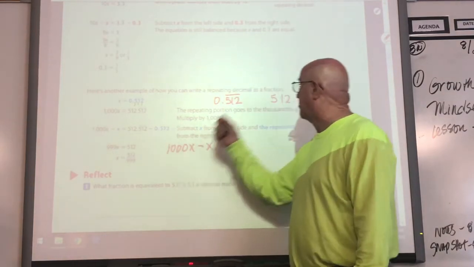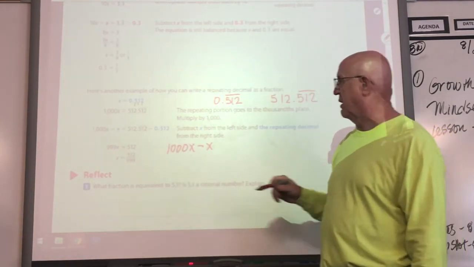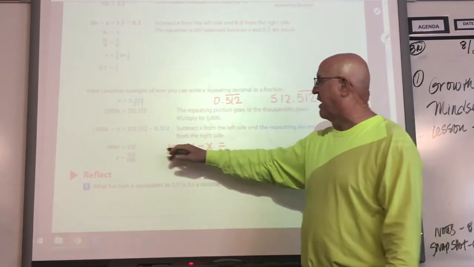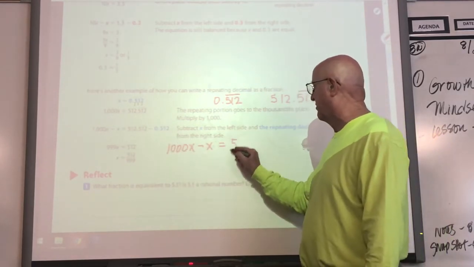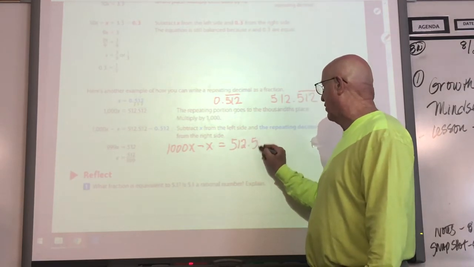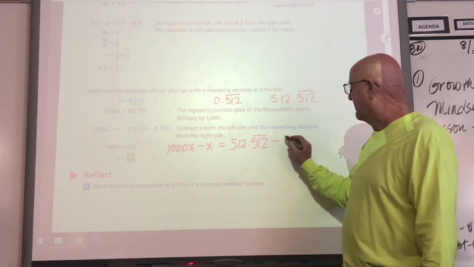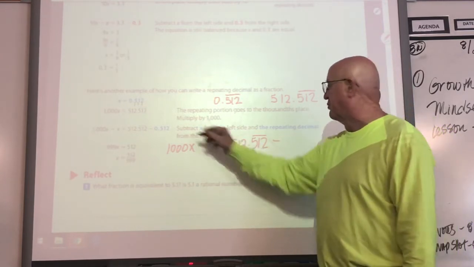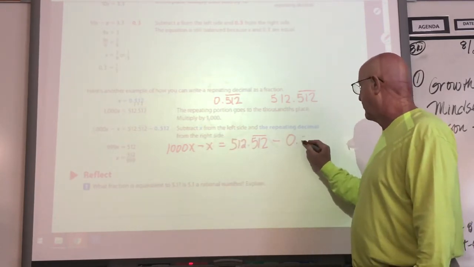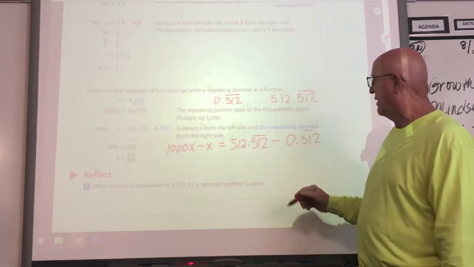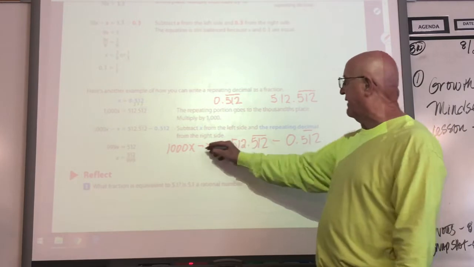Because x is still 0.512 repeating. And then we're going to make that an equivalent expression. 1,000x was equal to 512.512 repeating, so we're going to keep that. And then we're going to subtract the value of x itself, which was 0.512 repeating.